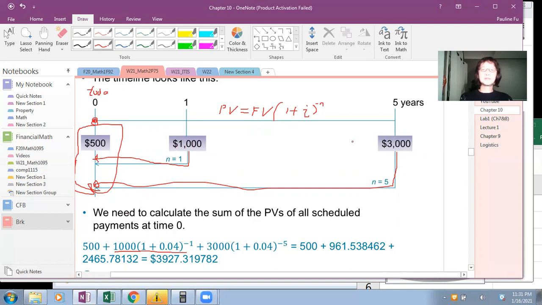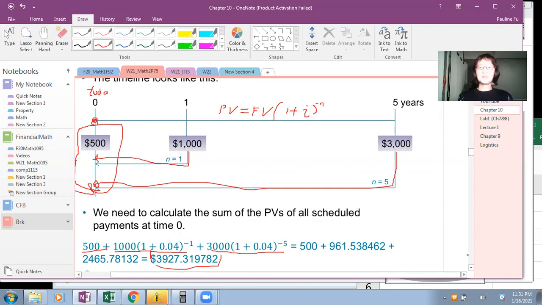N equal to 1, from today to 1 year. Similarly, you calculate present value for this 3,000. Use this formula, plug in, and add all these three numbers together. You get the present value is $3,927.